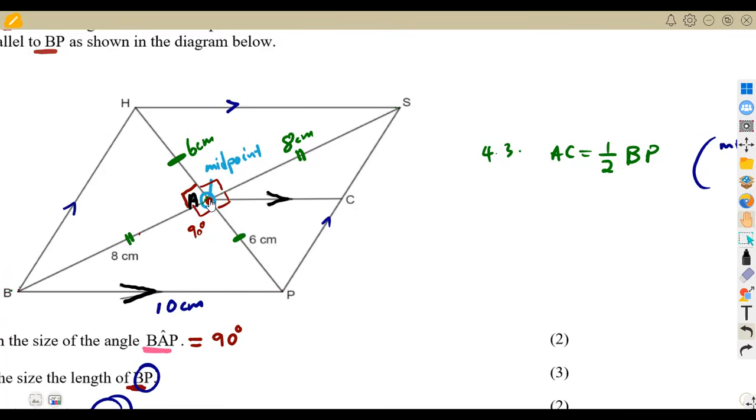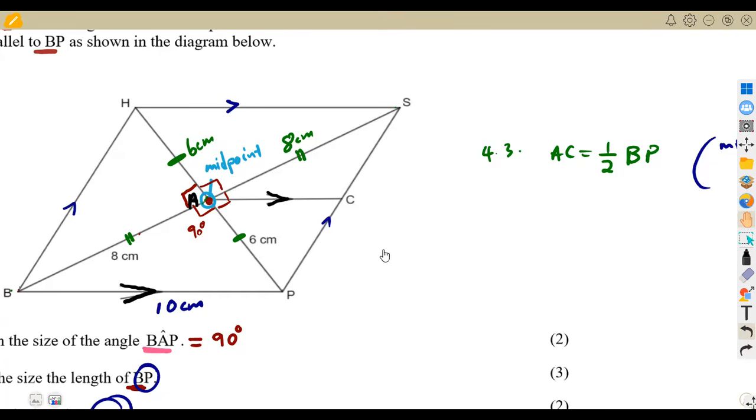That is the point that we know, not C. But for the fact that AC is parallel to BP, it automatically makes C a midpoint. It's because of the line that is drawn from the midpoint and parallel to the other side, this one.